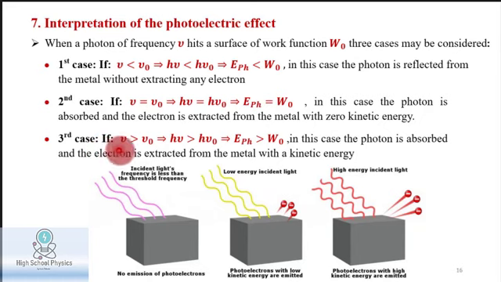Third case, the frequency of the radiation is greater than the threshold frequency, so the energy of the photon is greater than W0, the extraction energy. In this case, the photon is absorbed and the electron is extracted from the metal with a kinetic energy.